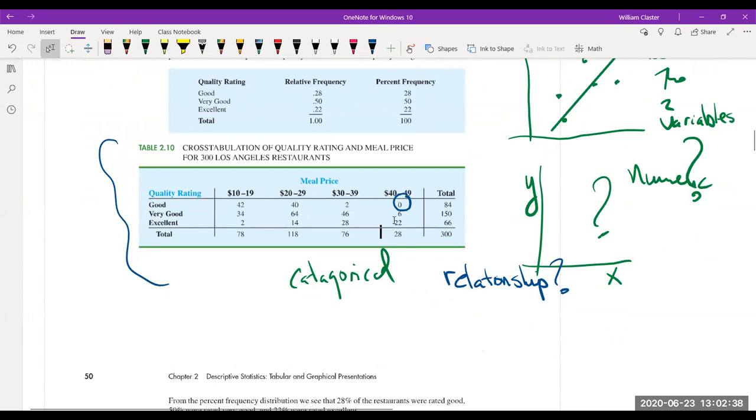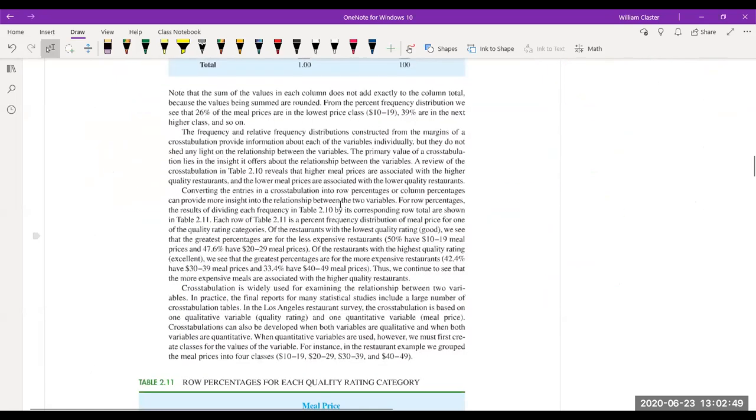Well, one thing we could do in this is figure out what percentage of the restaurants, well, we already did that, sorry. Okay, let's not do that. Let's read what they say here.